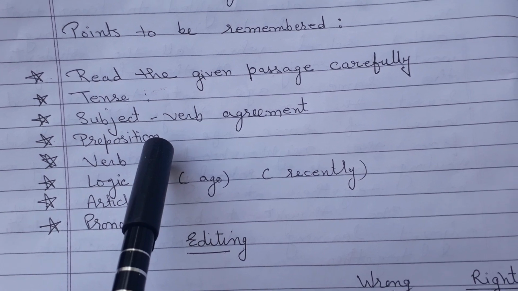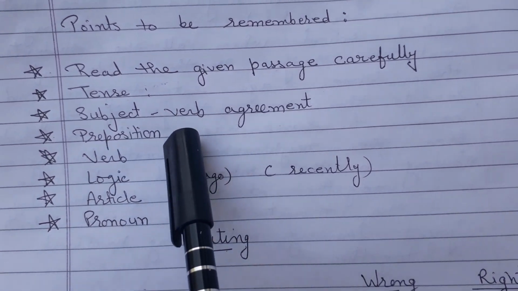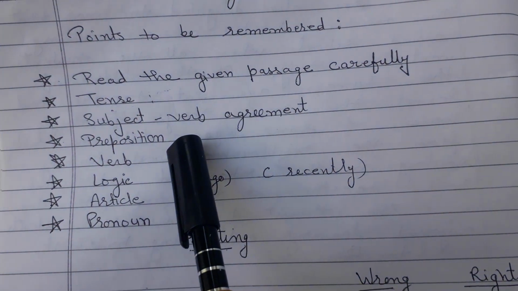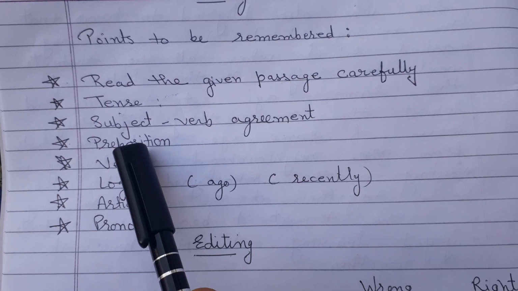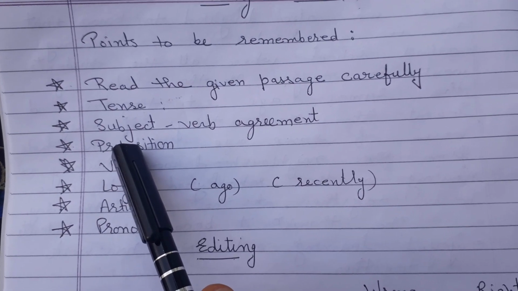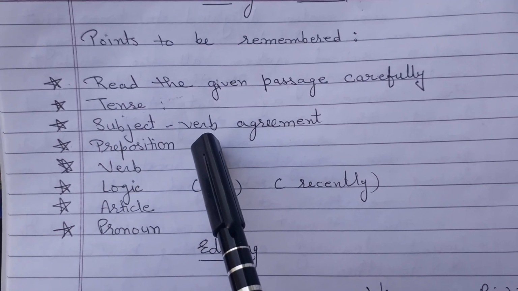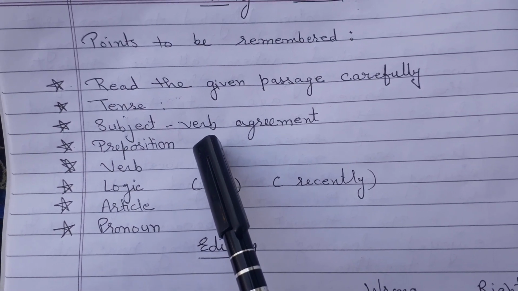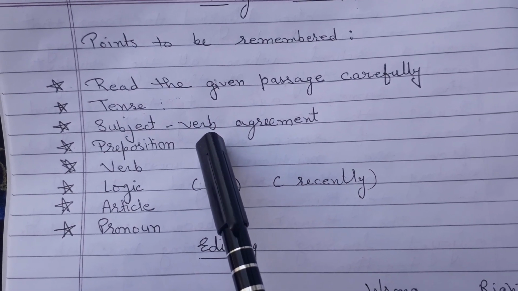Then subject verb agreement. You can say subject verb concord. You know that the subject in the sentence should agree with the verb. So you will have to see what subject is there. What subject means either the subject is singular or plural. If the subject is singular, the verb should always be singular. If the subject is plural, the verb should always be plural.